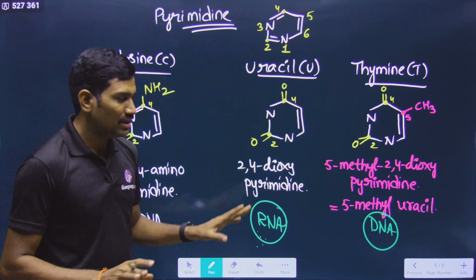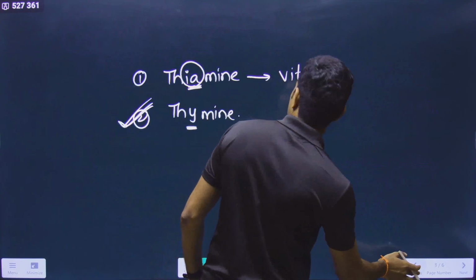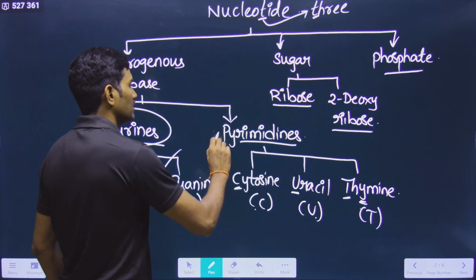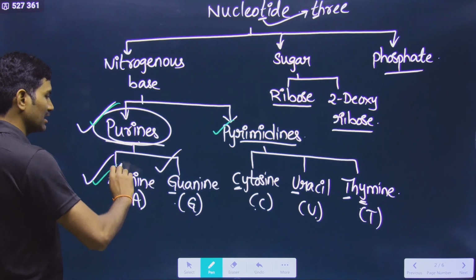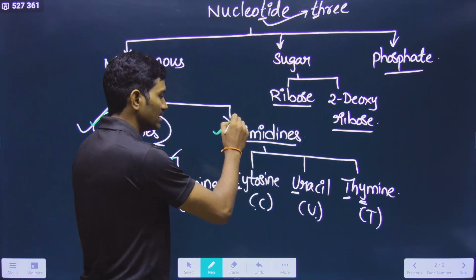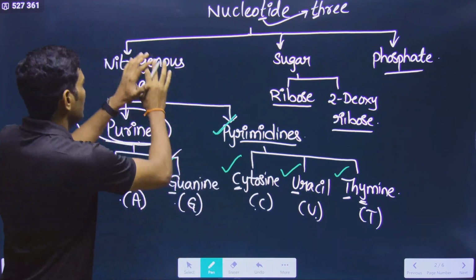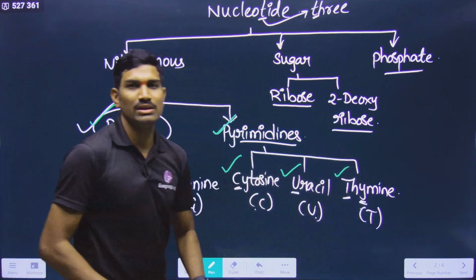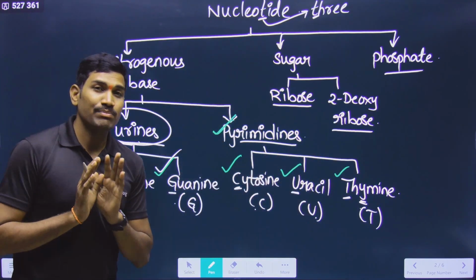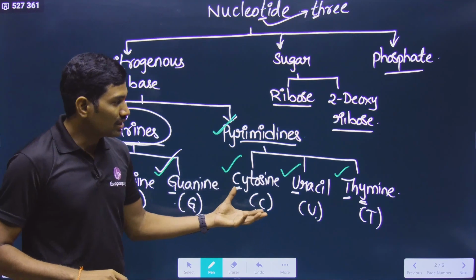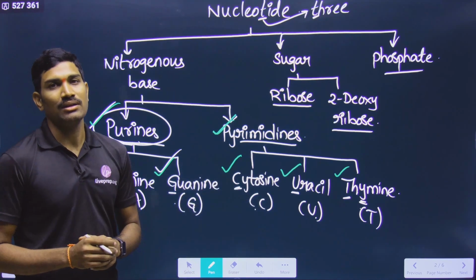So in this way, we have completed the structures of the pyrimidines. Purine completed, adenine completed, guanine completed. Pyrimidine basic structure completed, cytosine completed, uracil completed, thymine completed. That means all the structures of these nitrogenous bases we have completed. Please practice. While you are looking at the board, it will be simple, but please practice.